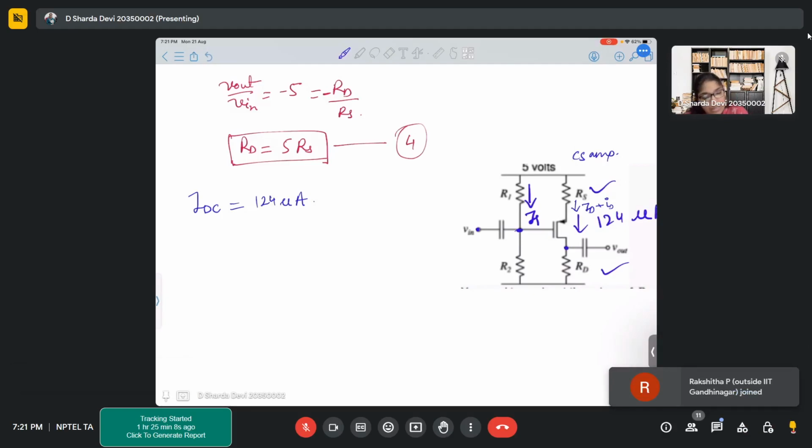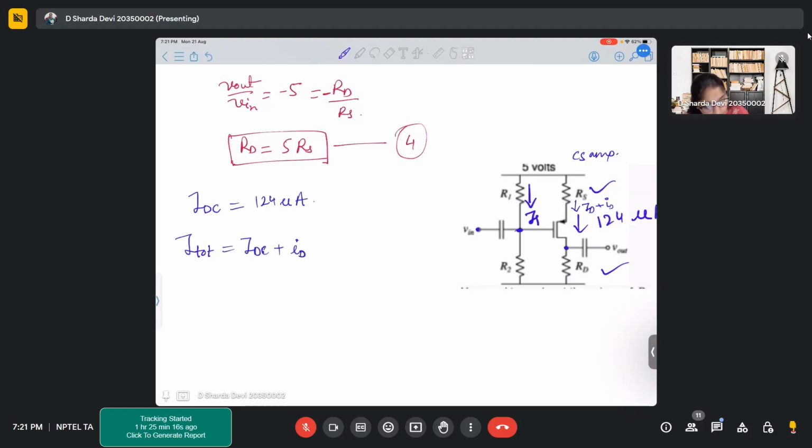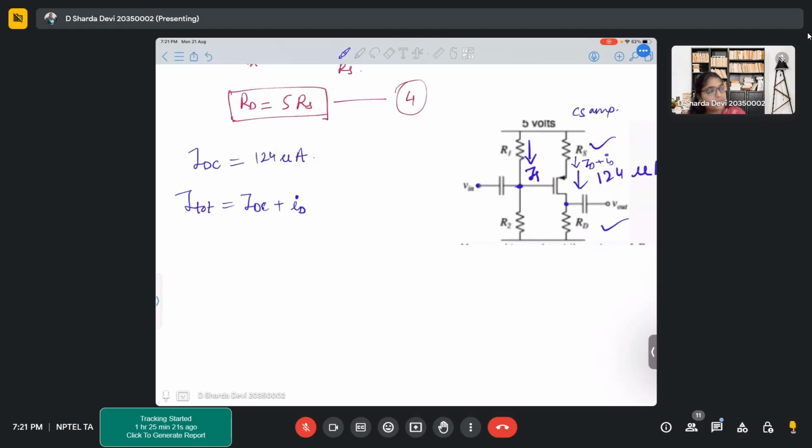So the I total in this branch will be IDC plus small id. Since these two are opposing in nature, when Vn actually increases, your Id will reduce because they are 180-degree phase shifted. So a negative voltage appears, right?